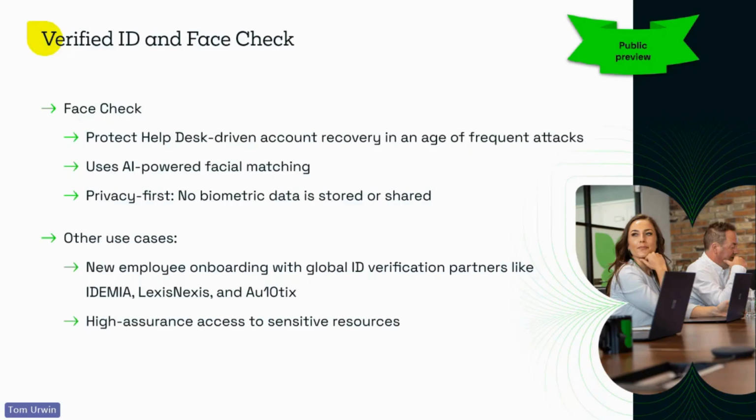So what we can do is issue them an onboarding link, and that would go to a global ID verification partner. Some of them are listed there. There are several others. And that third party would do that assurance check. They would take a picture of government ID and do a live selfie. If the face matches and those name details match what you have in Entra ID, we can then, for example, issue a temporary access pass automatically for them to onboard themselves.